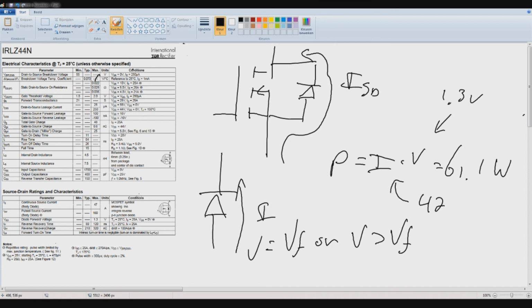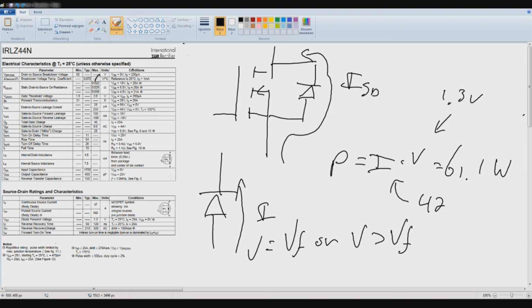It's first being charged a little bit before it starts to conduct. And we have the forward turn on time. Turn on time is negligible, which is dominated by Ls plus Ld, which is the internal drain and source inductance.